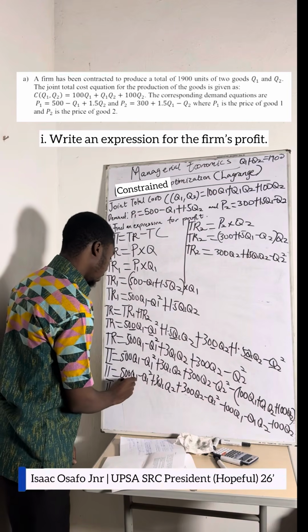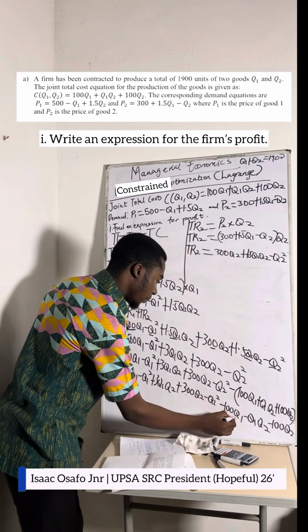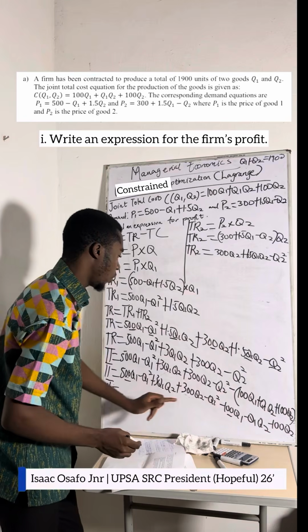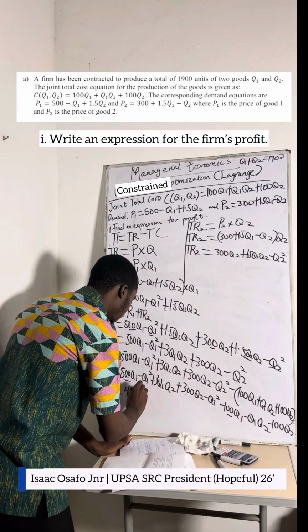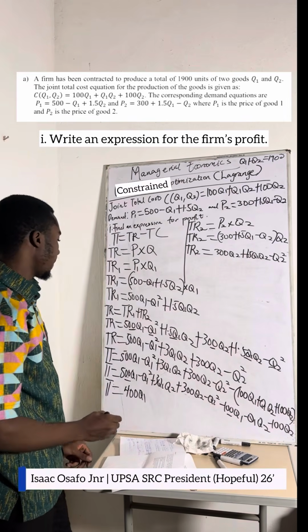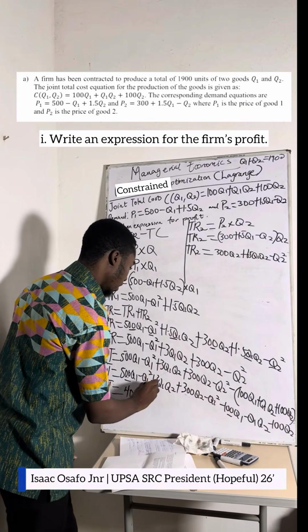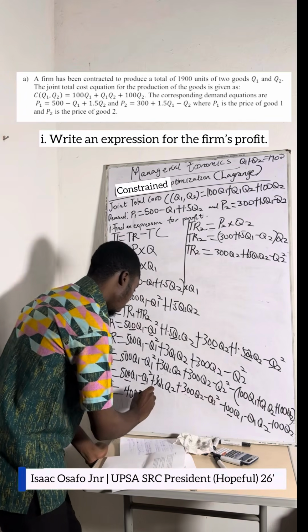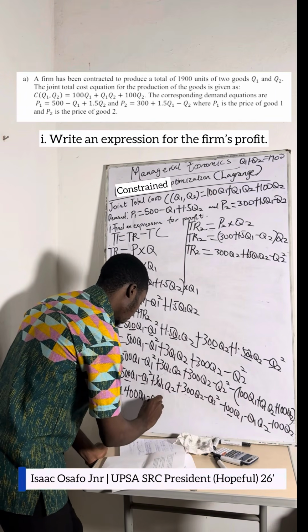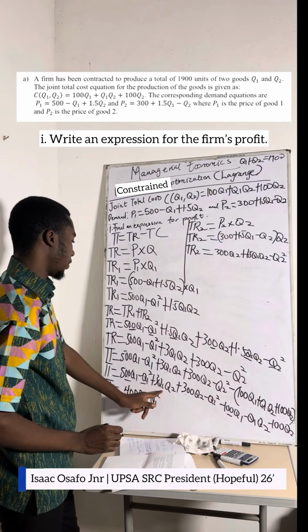500 Q1, is there any other Q1? Yes, we have Q1 here. So 500 Q1 minus 100 Q1 should give us 400 Q1. The negative Q1 squared, is there any other Q1 squared? No, so minus Q1 squared. Then plus 3 Q1 Q2.